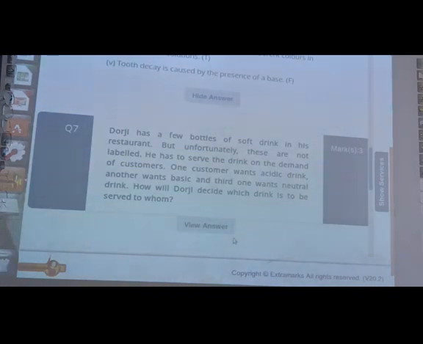How will Dorji decide which drink is to be served to whom? Okay, just see, very simple. Litmus test is there. On the basis of litmus test, we can find out the nature of those soft drinks which are kept in the restaurant of Dorji, and accordingly we can serve to the customers.